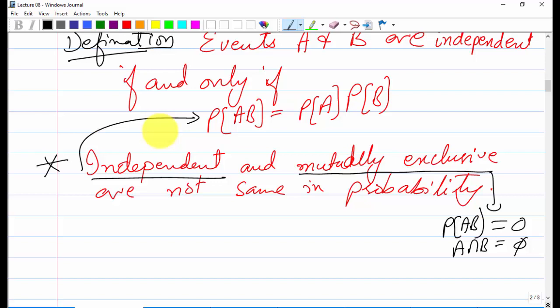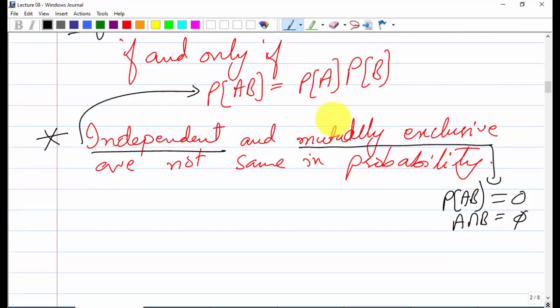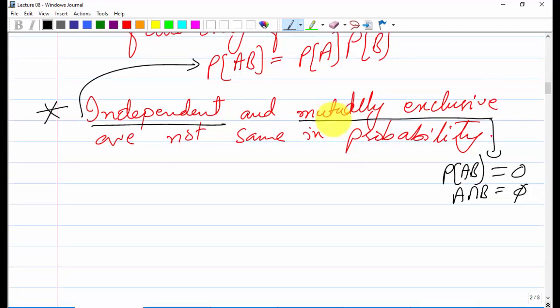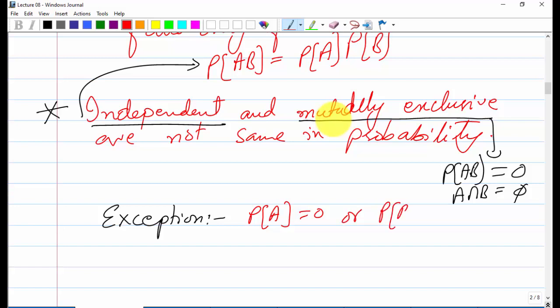Here we can see that the probability of A intersection B must be equal to the product of their individual probabilities. But there is one exception, and that is when probability of A is equal to 0, or probability of B is 0.